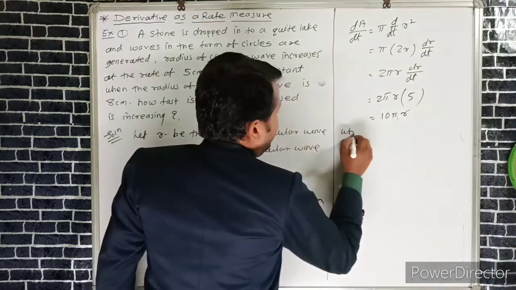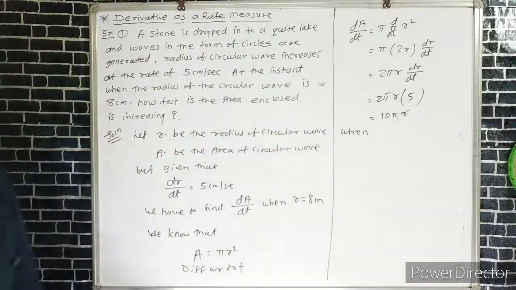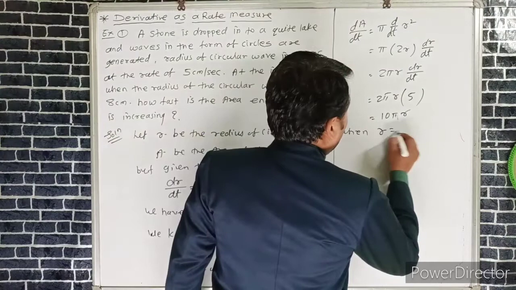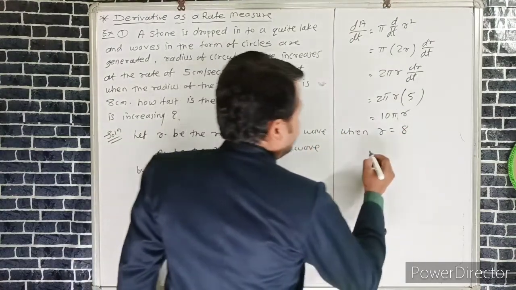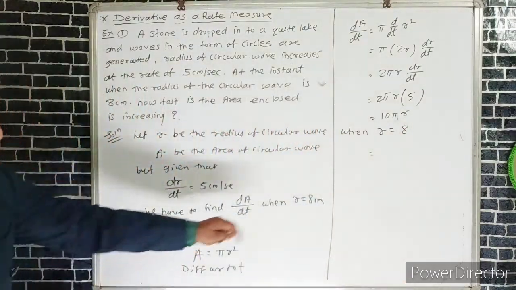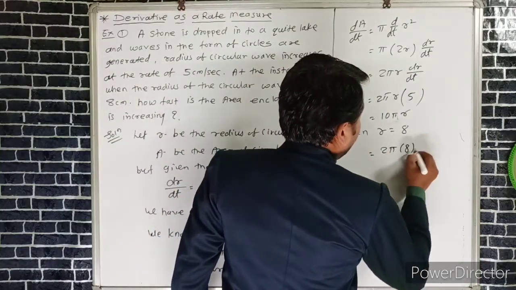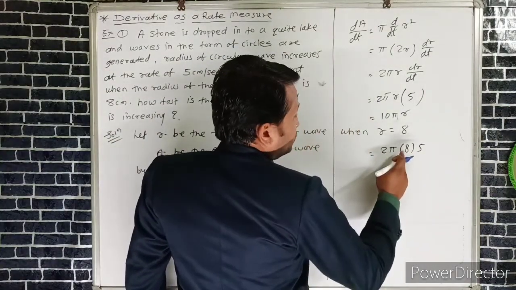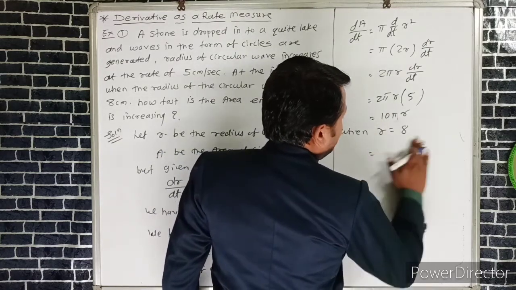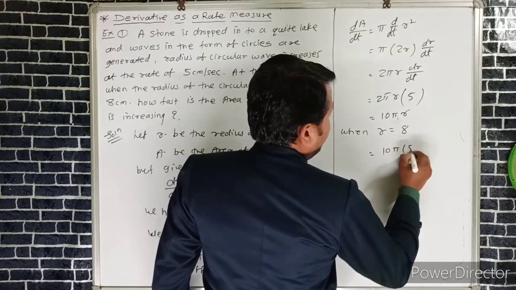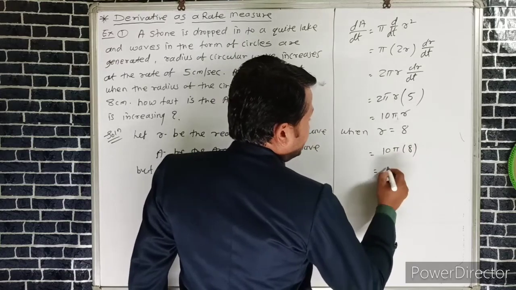We have to find the rate of change of area when r is equal to 8. We can write 2 pi 8 into 5, or 10 pi into 8. 10 into 8 is 80.